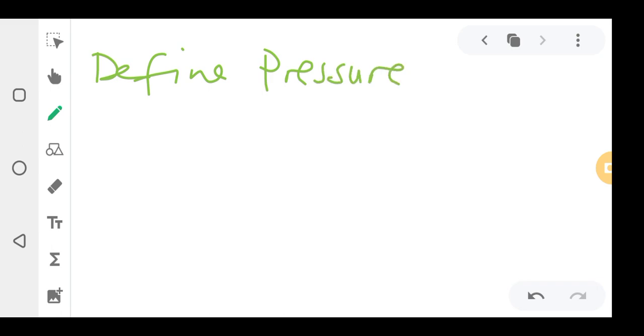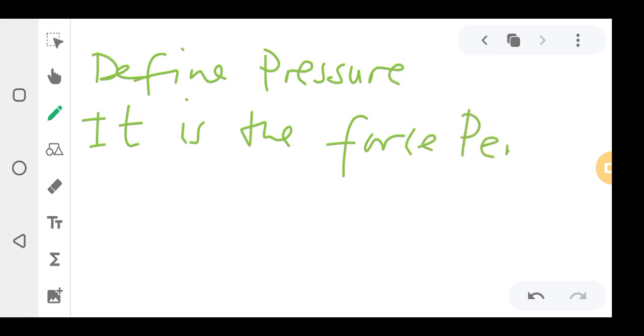They can tell you, define pressure. Pressure is the force per unit area.